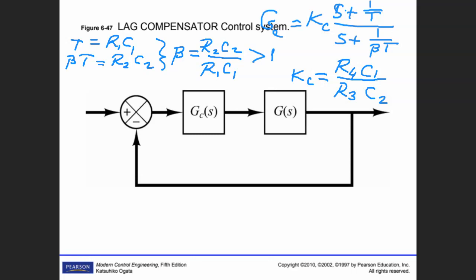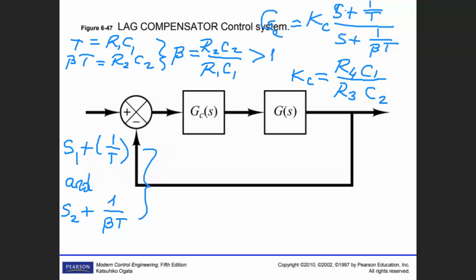From that point, S1 plus one over T and S2 plus one over beta T are almost equal.